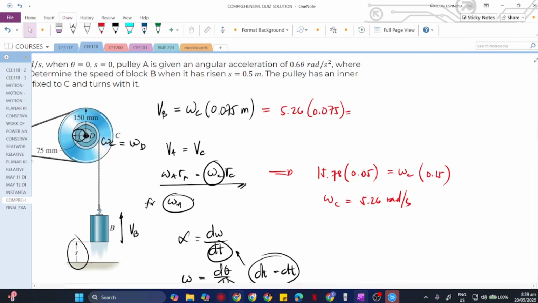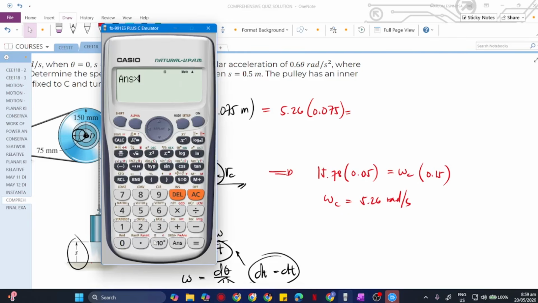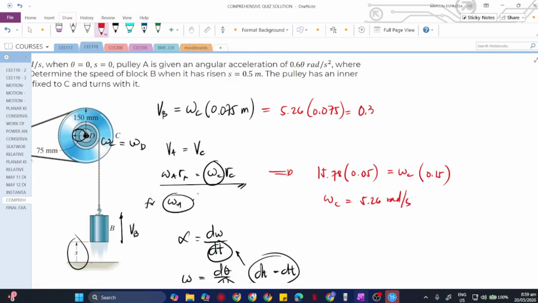So, masasolve natin dito, multiply lang natin ito by 0.75. So, you would get 0.395 meters per second. So, yan na yung ating velocity ng block B.